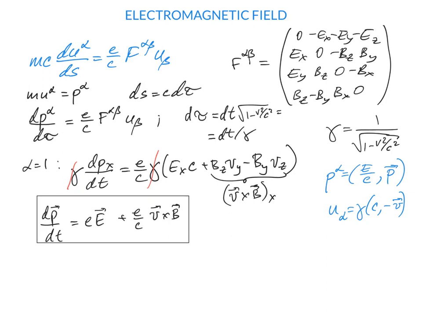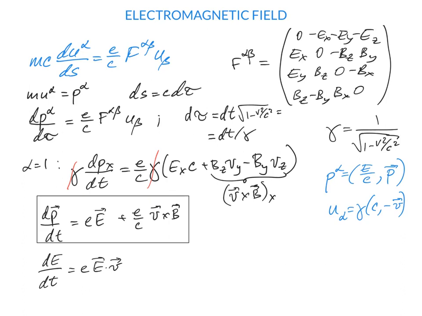If we wrote it down, we would obtain dE by dt equals charge times E dot v. So this is a fairly obvious expression. The left-hand side is the rate of change of the energy. The right-hand side is the rate of work done by the Lorentz force. The magnetic field does not do work because this part of the Lorentz force is orthogonal to the velocity.